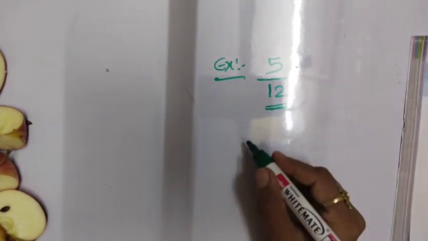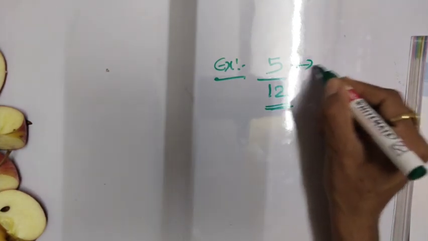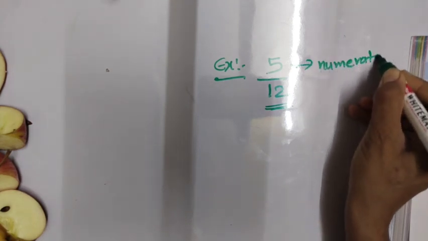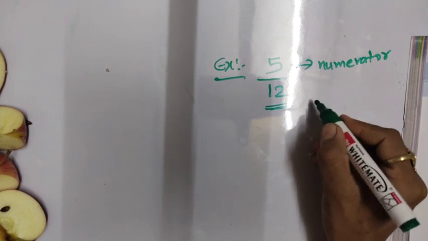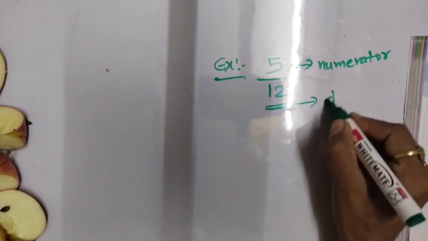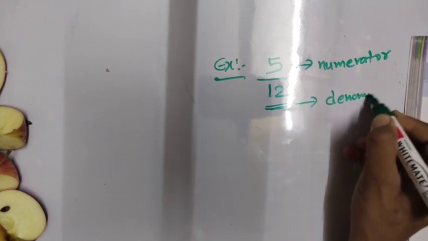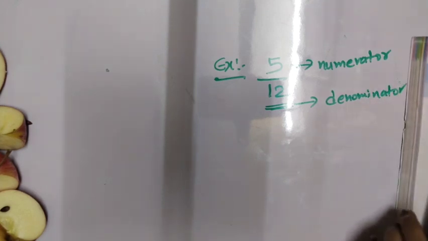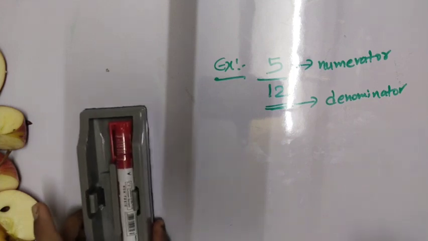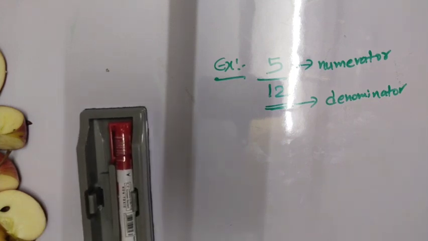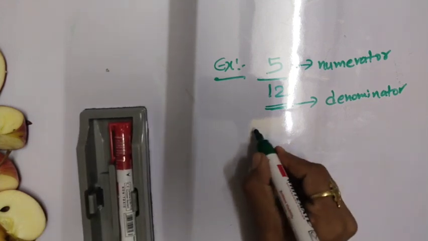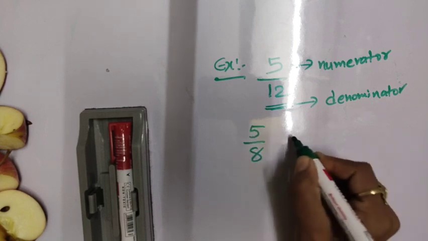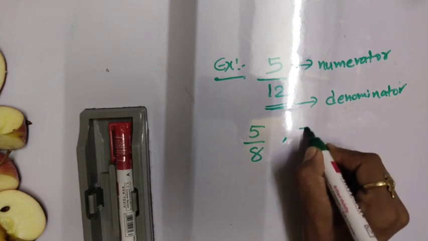Here 5 is called the numerator and 12 is called the denominator. Now tell me what the numerator and denominator are in the following fractions.